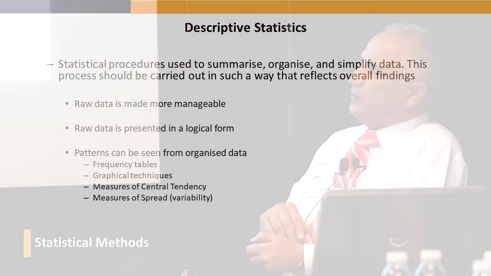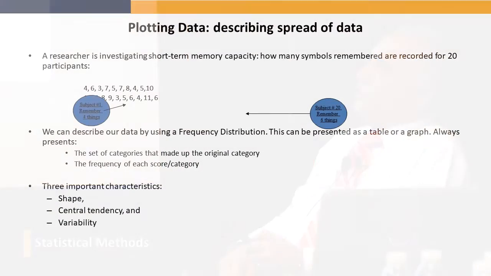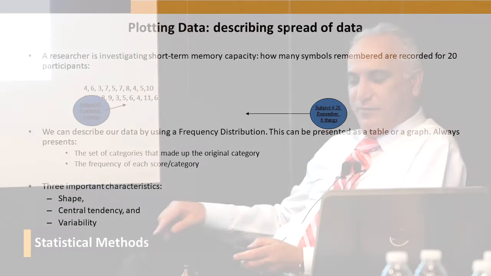Descriptive: frequency distribution, graphic, spread. So here is an experiment. This is an experiment of a research. Everybody on this page, guys? A researcher wants to investigate short-term memory capacity. How many symbols are remembered, recorded for what? 20 participants.